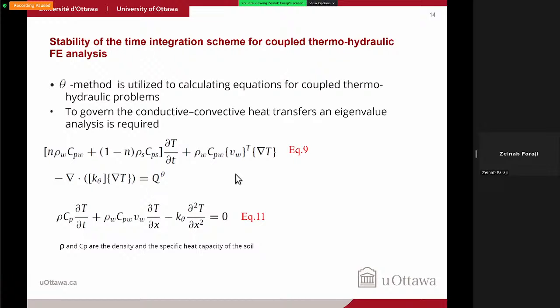All components of these equations have been defined in the previous slides, and the theta method is utilized to calculate the equation of the coupled thermohydraulic problem in this case. Also, to govern the conductive convection heat transfer, an eigenvalue analysis is required.